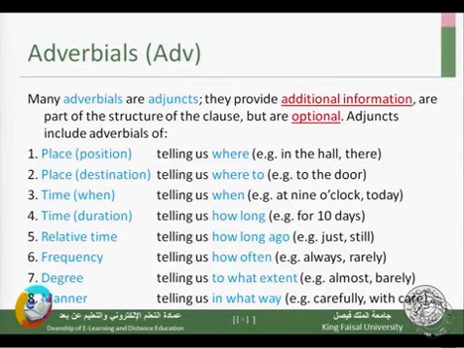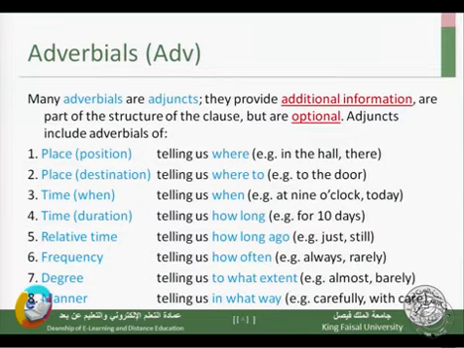We also have adverbials of time that give us when something happened, the point of time that something happened. For example, at 9 o'clock or today. This is the point of time that something happened. Number 4, time. This is an adverbial of time, and it gives us duration. So it tells us how long something took. How long did it take to finish something? For example, for 10 days.